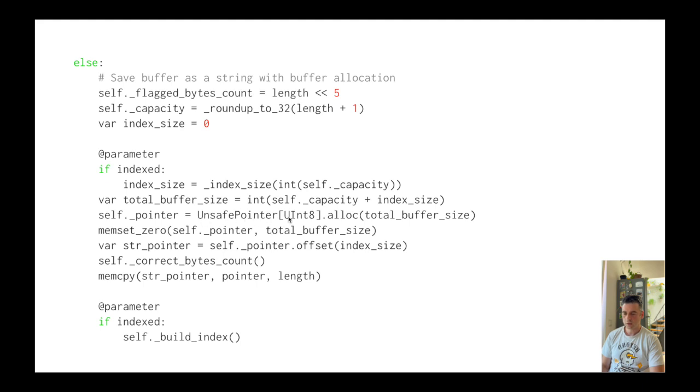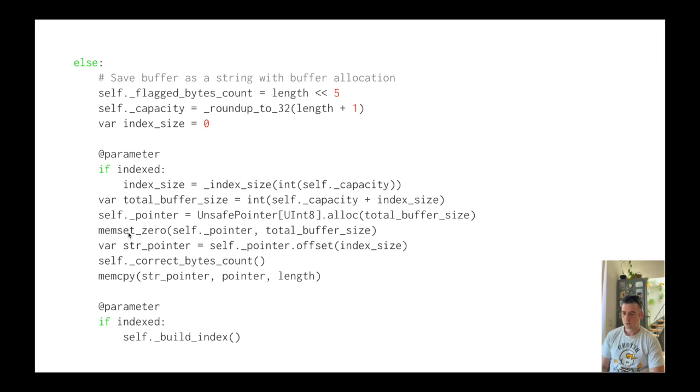So in here, for the pointer, we actually allocate a region for the total buffer size. Not just for the string, but for the index and the string.